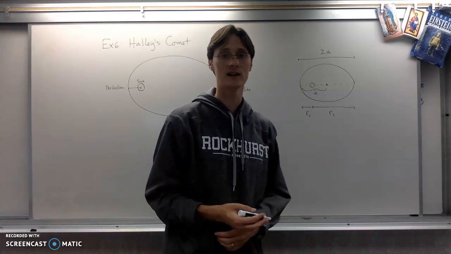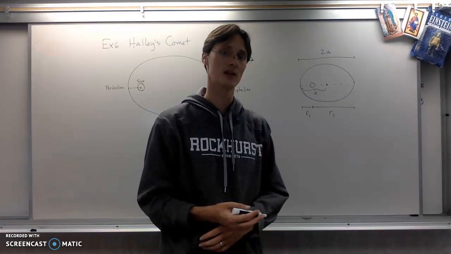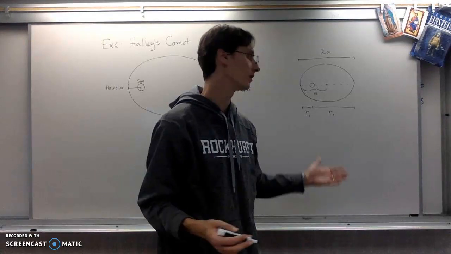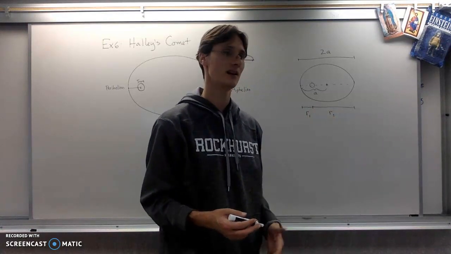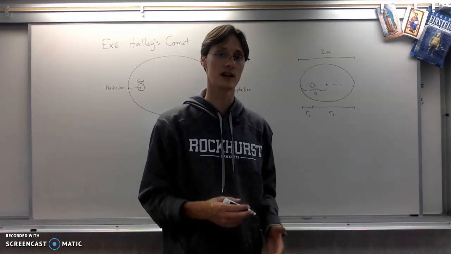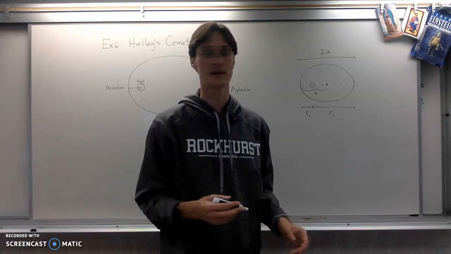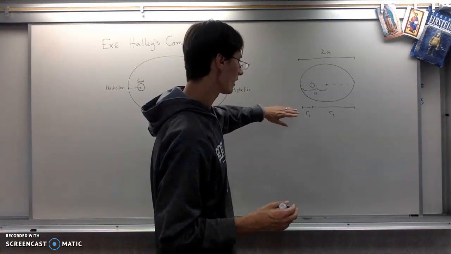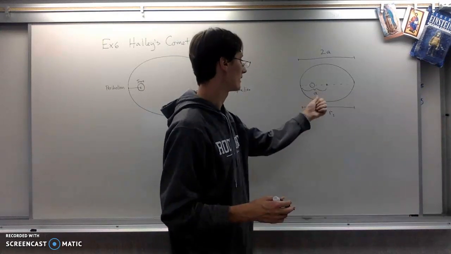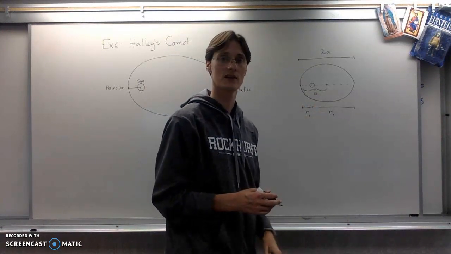Neither one of those values is by itself especially useful. If you just know the perihelion distance but you don't know the aphelion distance, you can't do a whole lot with that unless you have some other information like the period of the orbit. Now, if you know both distances, though, you can get the semi-major axis.